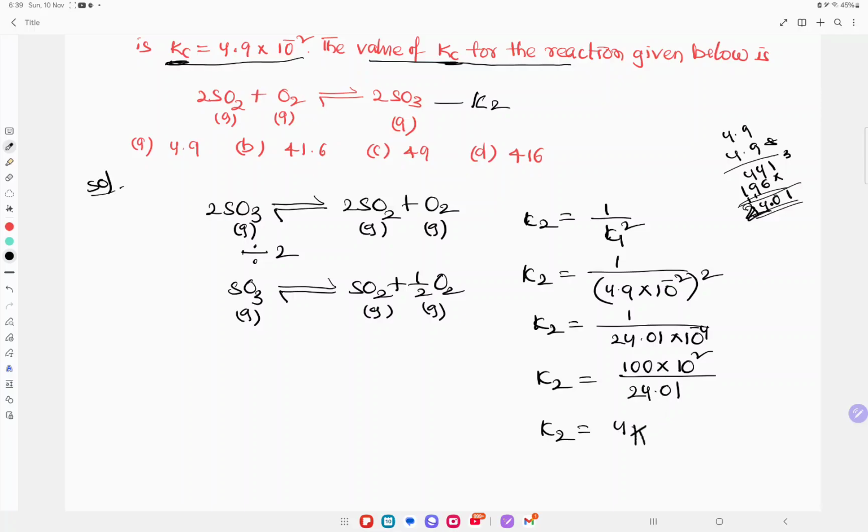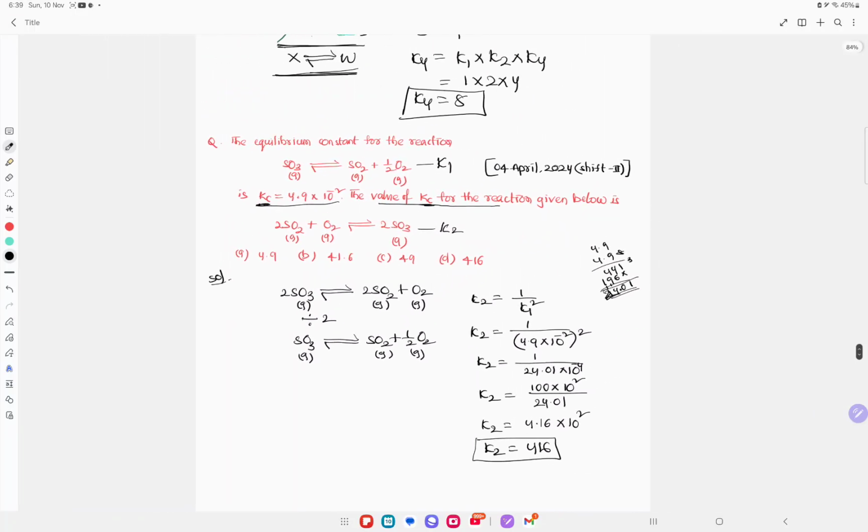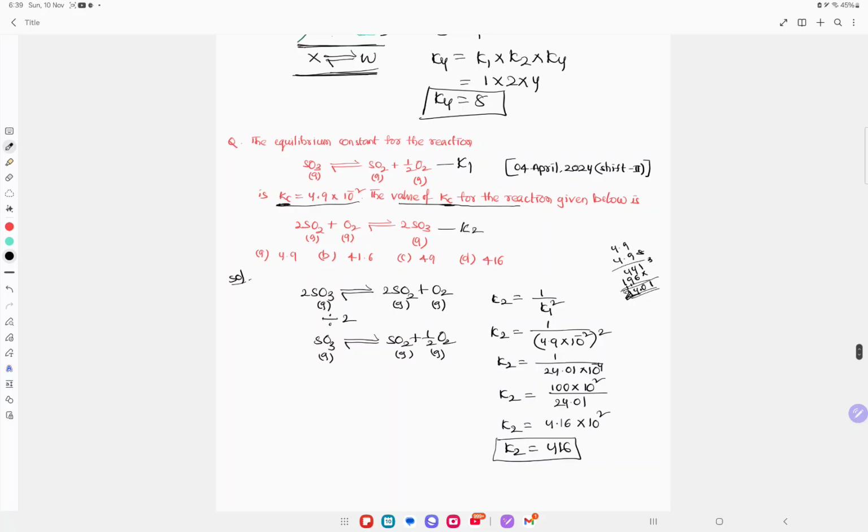The 4 remains, we put the point, and 40 divided by 24 is 1 time, and then 6 times, into 10². So K2 is equal to what? 100 multiplied by 4.16 gives 416. Okay, establishing the relation between K2 and K1 is the key point here.